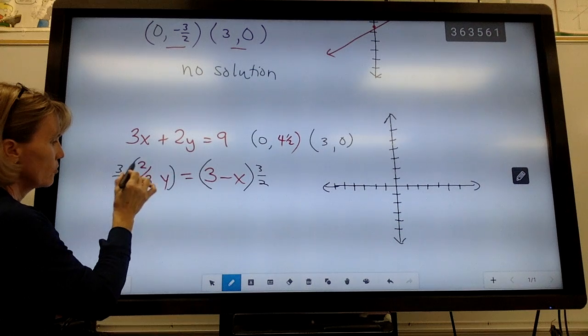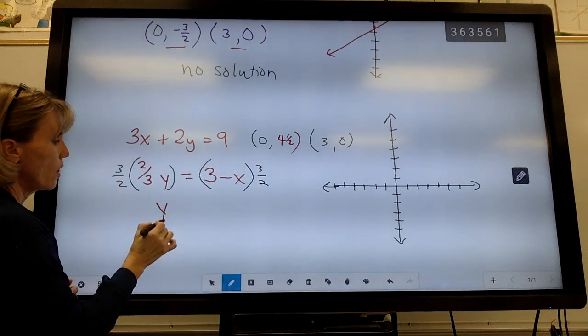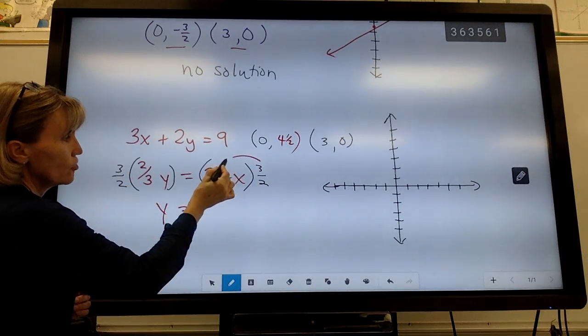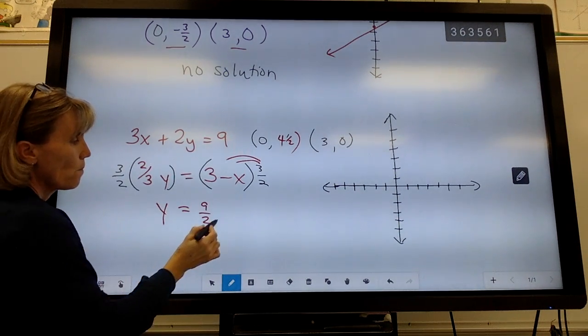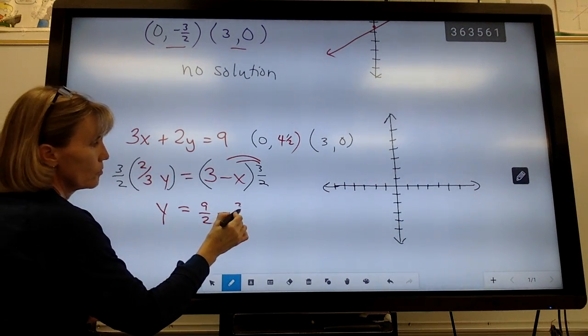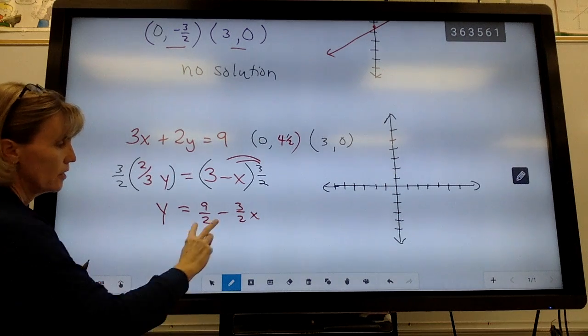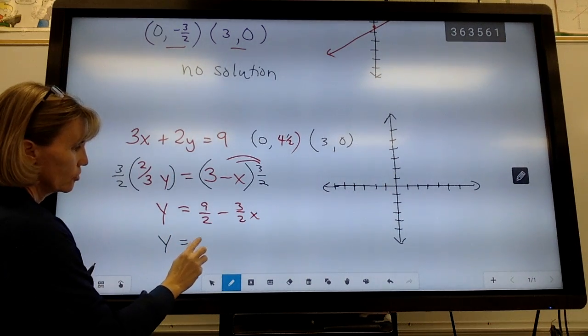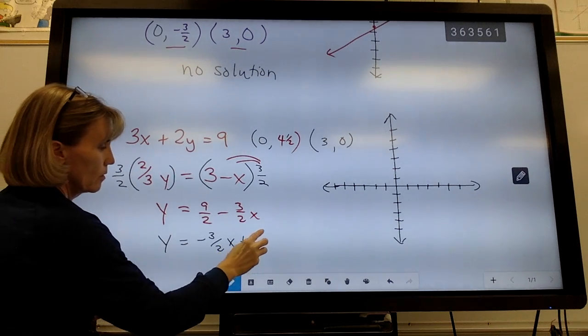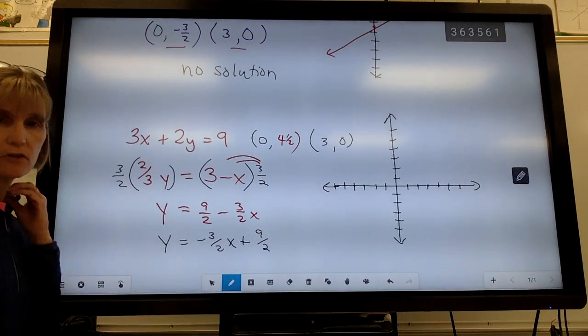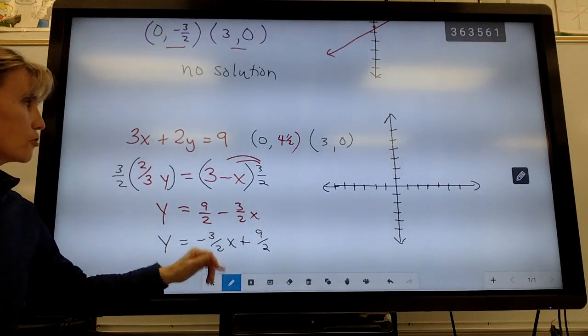So I would now have 6 over 6, which is 1y equals, and you're going to have to distribute here, so you're going to get 9 over 2 minus 3 halves x. And I'm going to flip those around just so that this is in slope-intercept form, with the x term first.